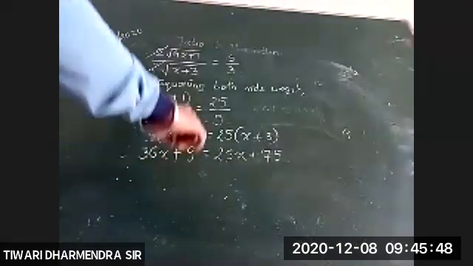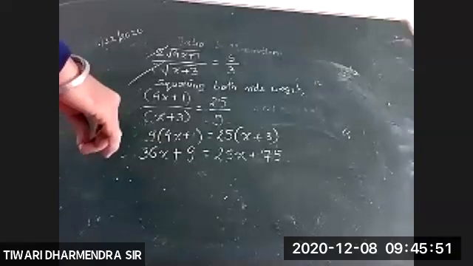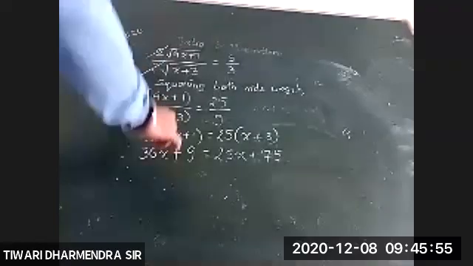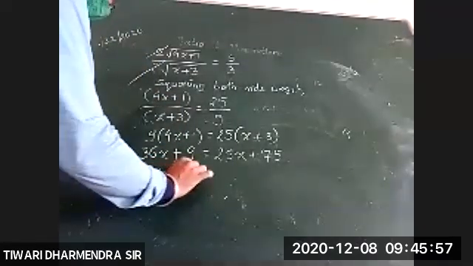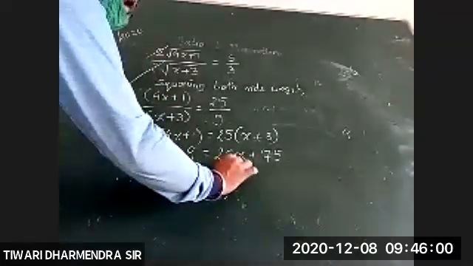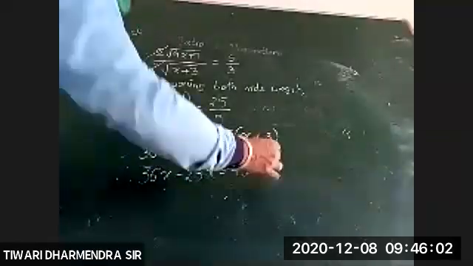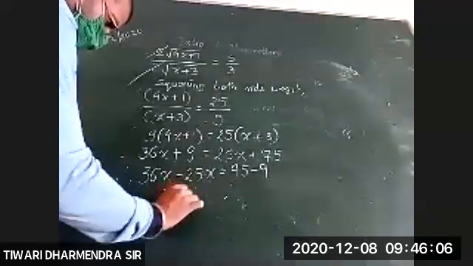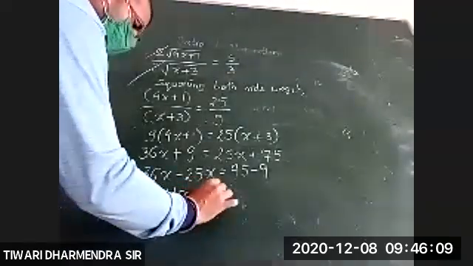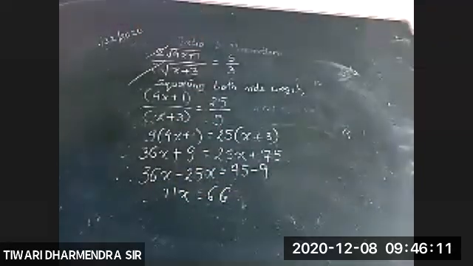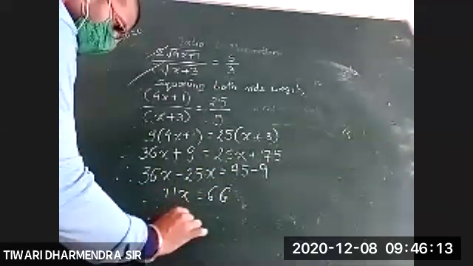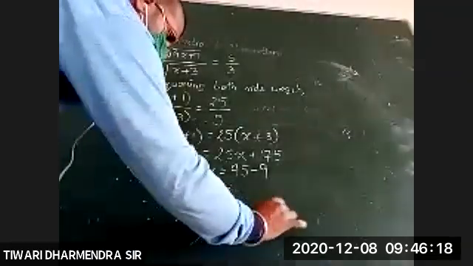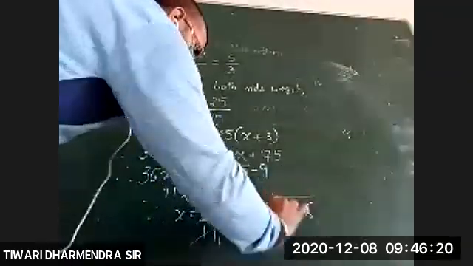So taking similar terms together in the sense x with x and constant with constant. 36x minus 25x is equal to 75 minus 9. 36x minus 25x is 11x is equal to 66. Therefore, x is equal to 66 divided by 11. Ones are, sixes are. So therefore, value of x is 6.